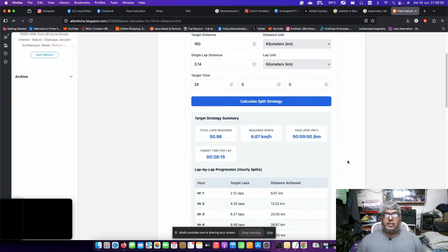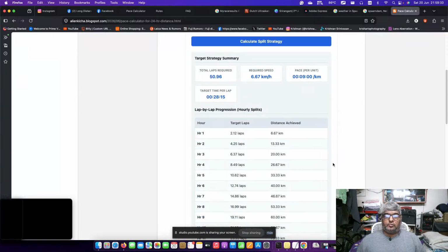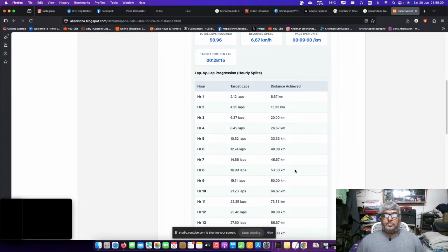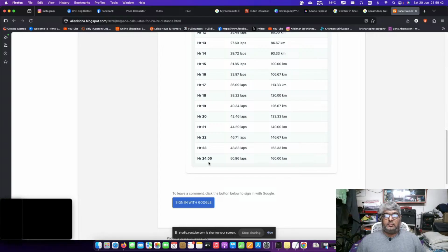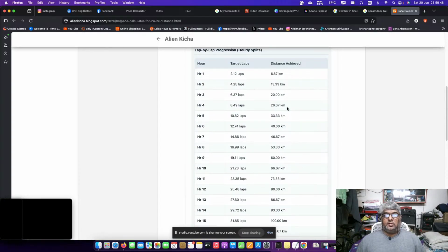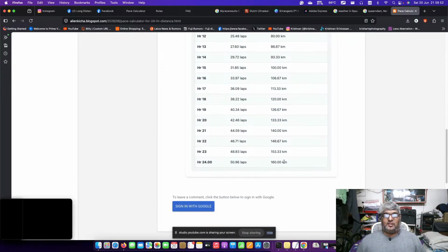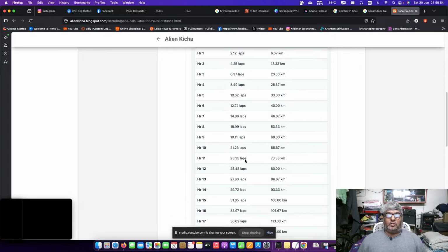I can take 28 minutes to complete 3 kilometers. It has given me the stats needed for the speed and the number of laps to cover 160 kilometers, the distance and target laps for this 24-hour race.